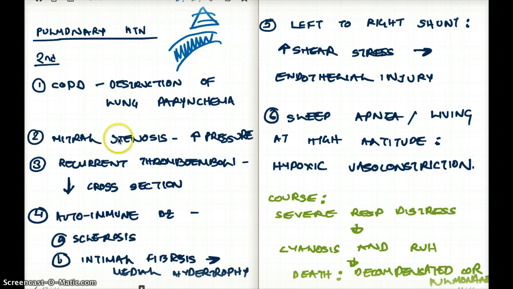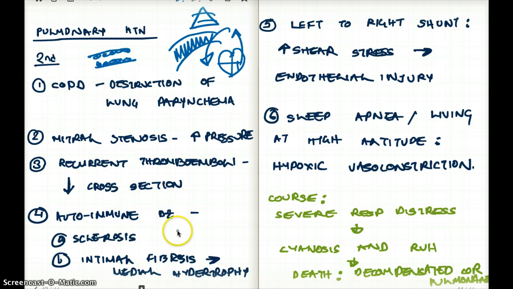What about mitral stenosis? Mitral stenosis is going to cause backflow onto the pulmonary artery. Recurrent thromboemboli will come and sit on the pulmonary vessel, making it a little bit thicker, causing hypertension.